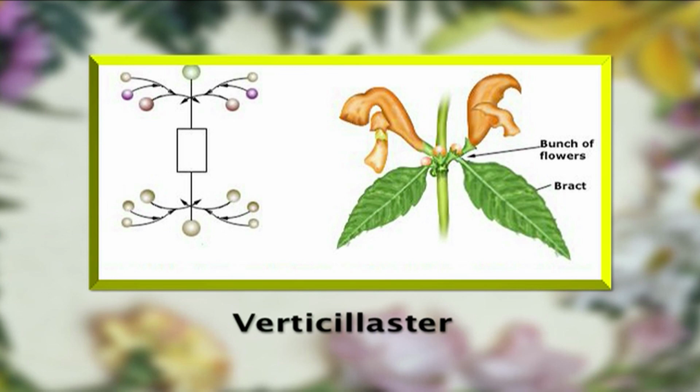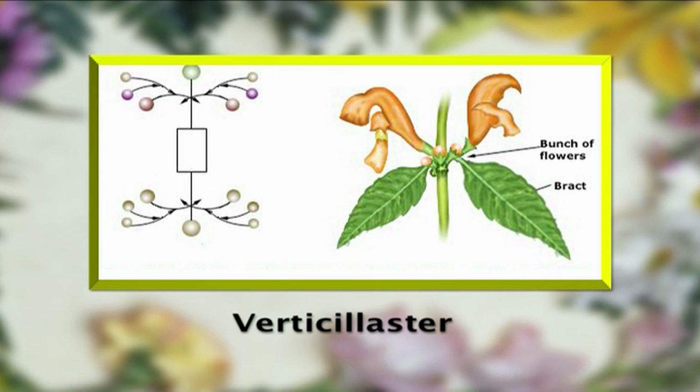A large flower arises in the axil of each bract, below which are formed 2 smaller flowers on each side, as we can see in a dichasial cyme. All the 3 flowers are either sessile or subsessile.